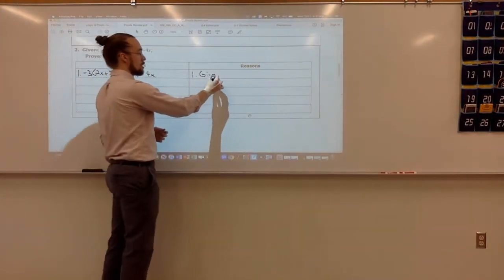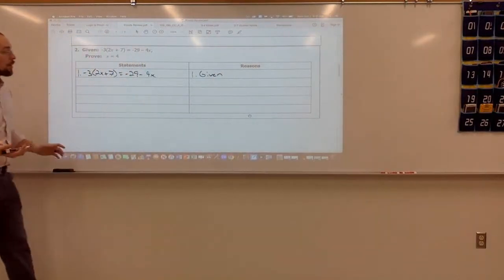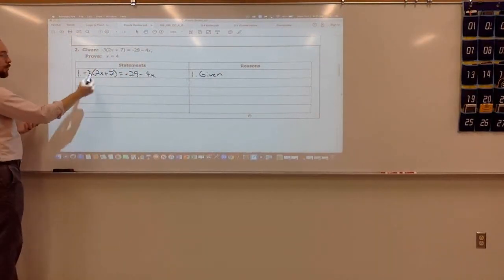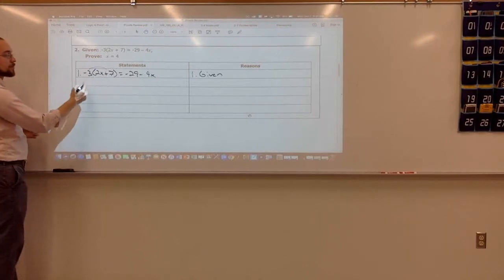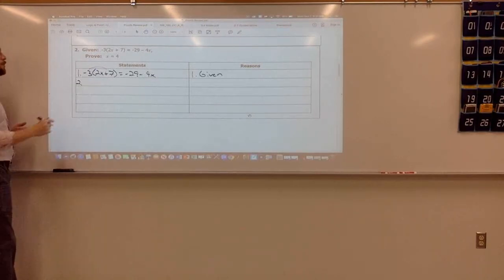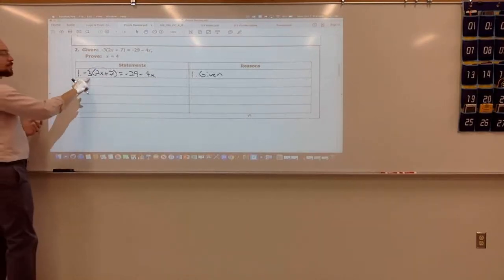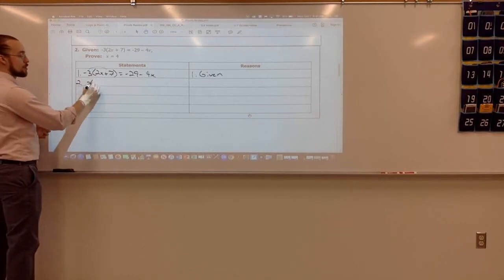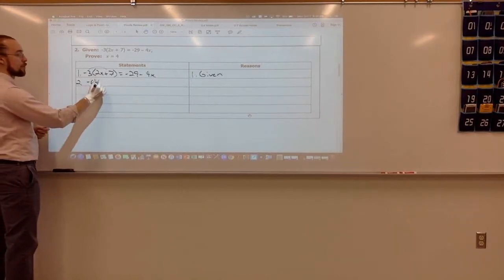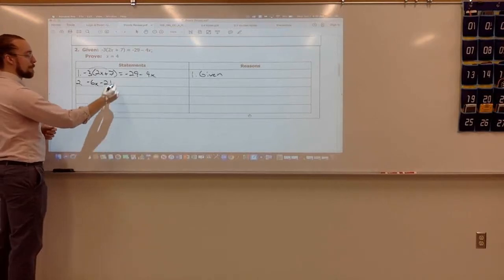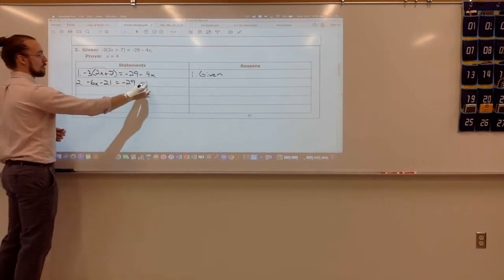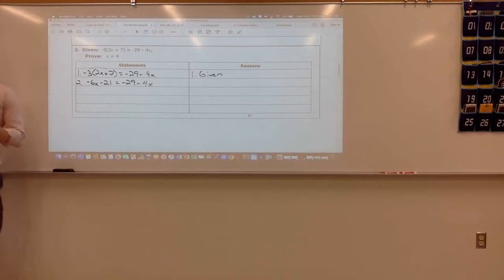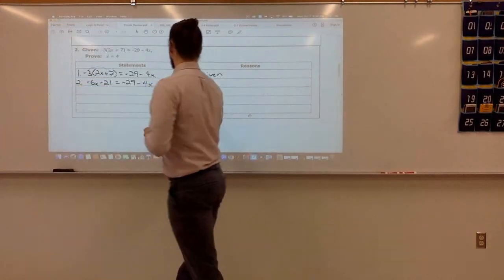My reason for that is given. Now I just want to solve. Just like the last one, my first step would be to distribute this -3 through. So -3 times 2x would be -6x, and -3 times 7 would be -21. My reason: distributive property.